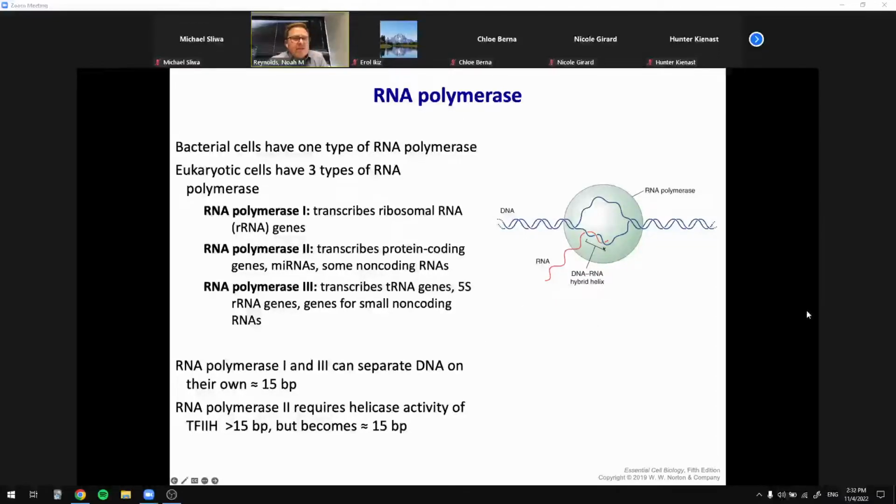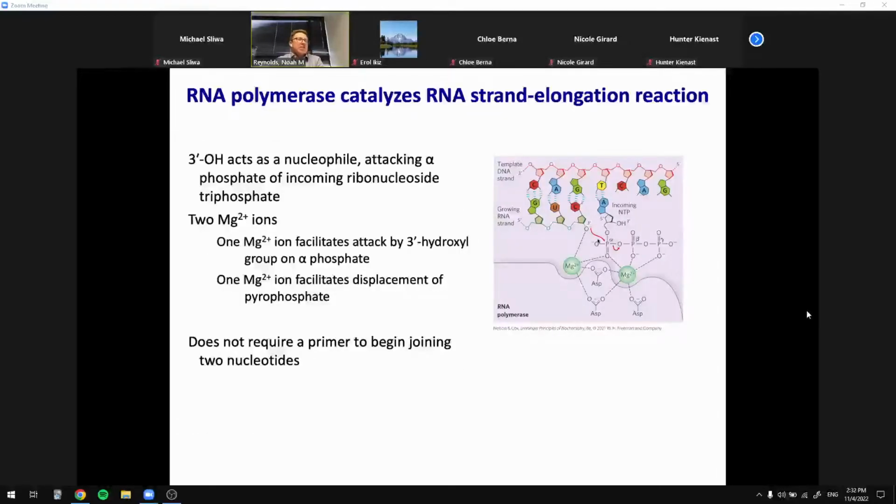And so when we look at the activity, what we're going to see is the enzyme making this short bit of DNA-RNA helix. So we're going to have that hybrid helix formed by this enzyme because it's going to use DNA as the template to make RNA. But it does a reaction in the end that's just like DNA polymerase, right?